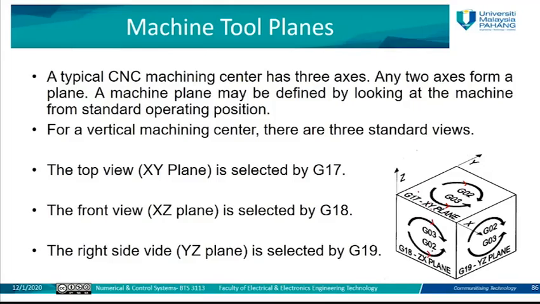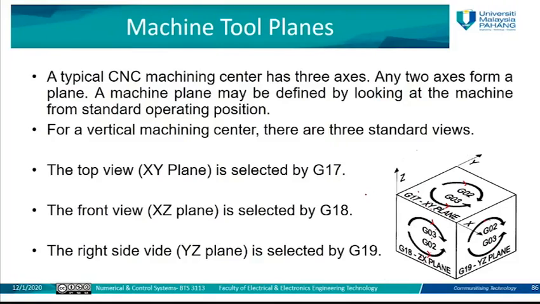In the Z plane, you can see how it changes: G02 here is for counterclockwise, this is for clockwise, and this will be counterclockwise if you are working on the ZX plane. If you work from the right side view, this will be the clockwise and this will be the counterclockwise.